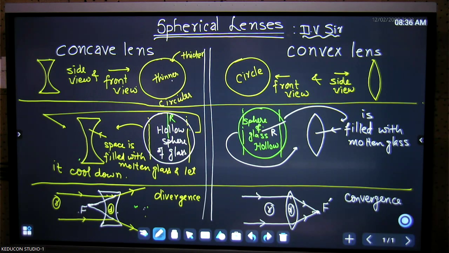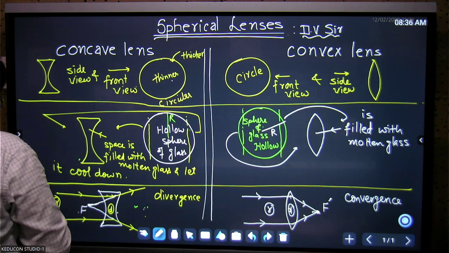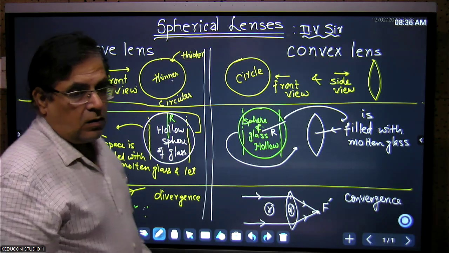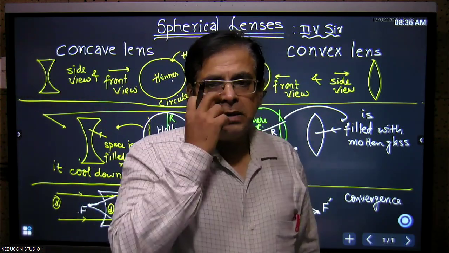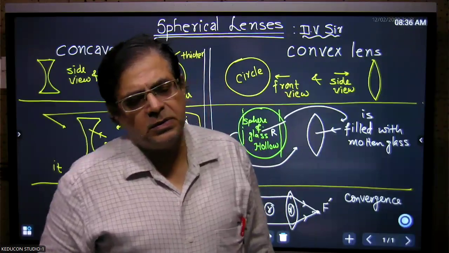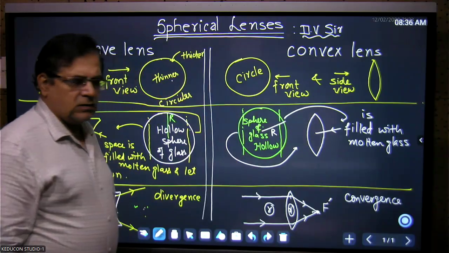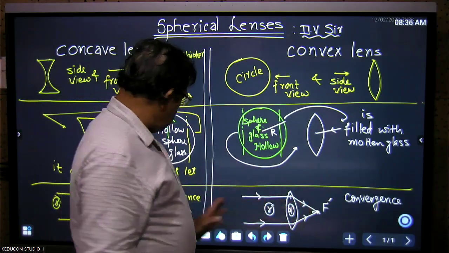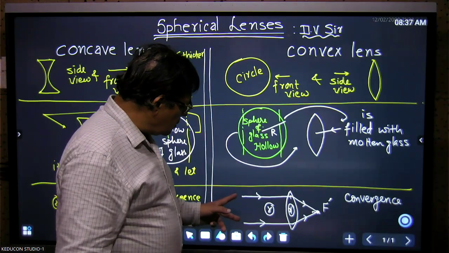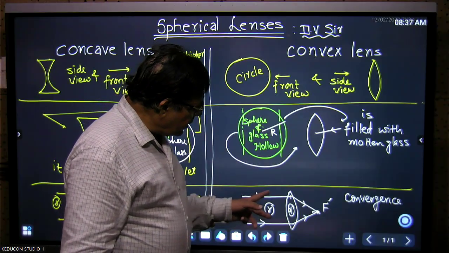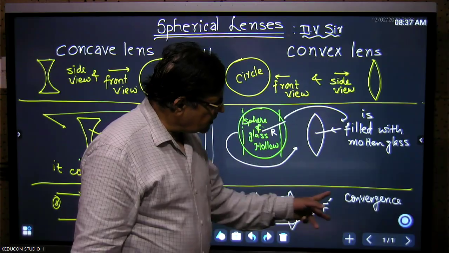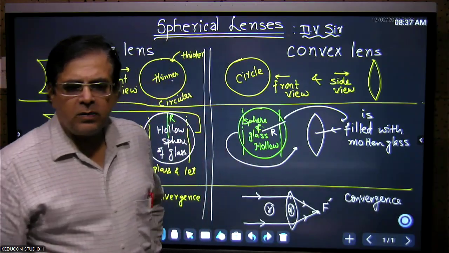Okay, let's proceed further now. One time there was a question in board exams: why does this glass lens converge the light and why does it diverge? Why does a parallel beam of light not go as a parallel beam of light after passing through the lens?